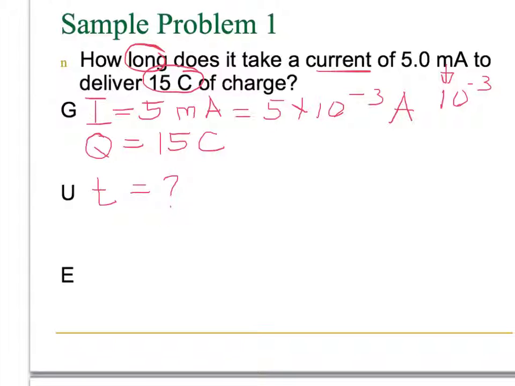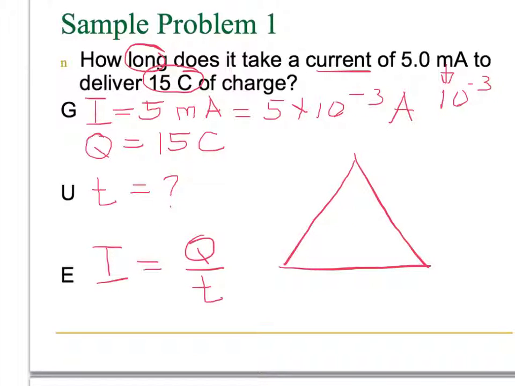So the equation, by definition, current is the charge per unit time. So just what we've been doing before, if it is a 3-variable equation, it is always safe to fill that in the triangle.